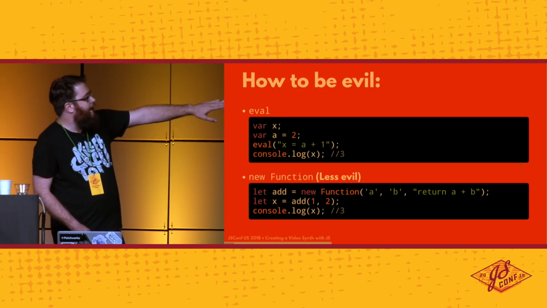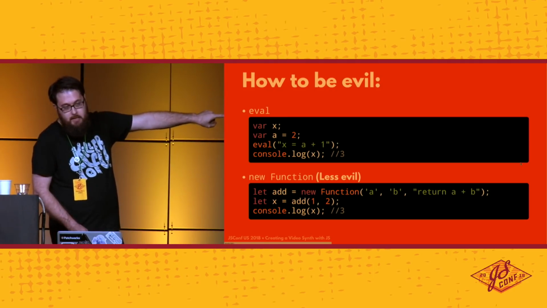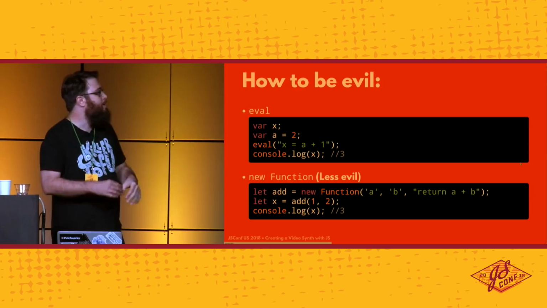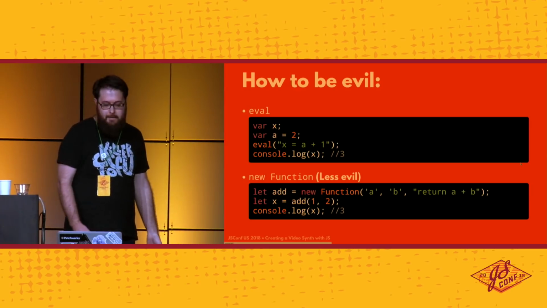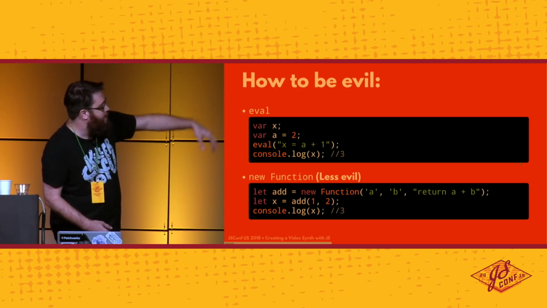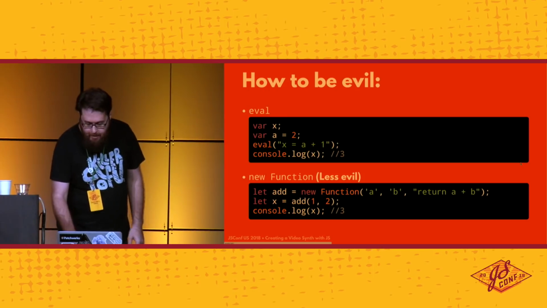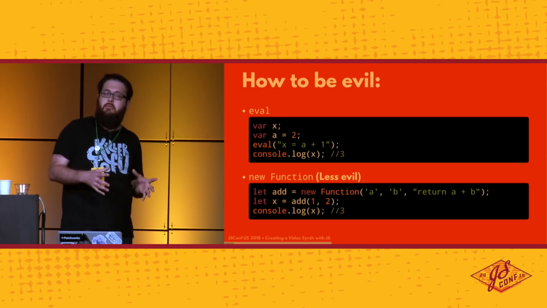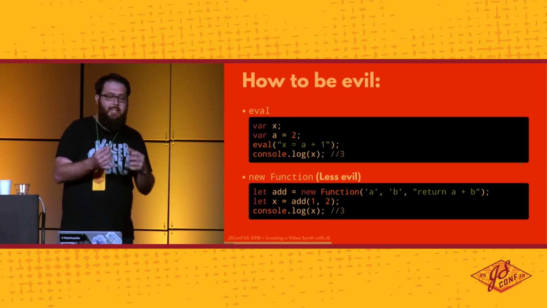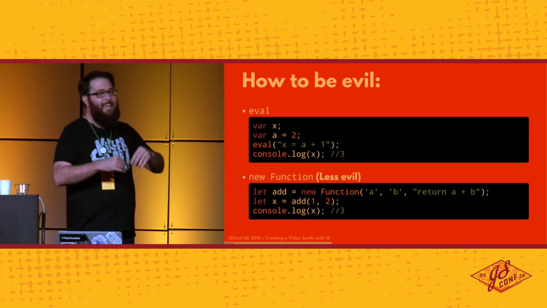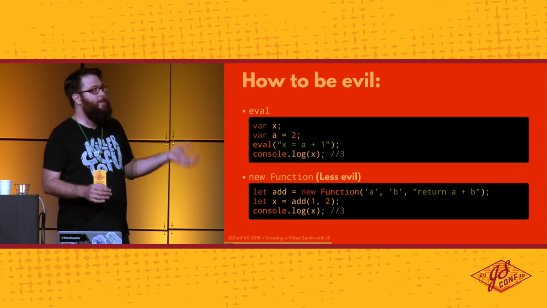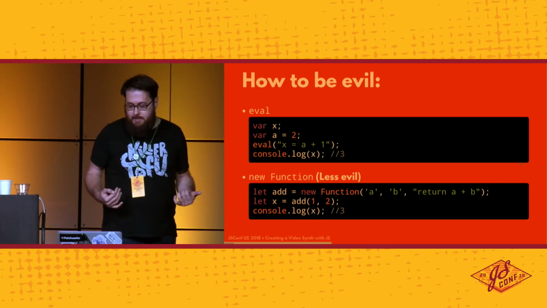What's really cool is you can pass arguments as strings to Function, and the last argument can be code. And when you execute that function, here it returns the expected result that adds these numbers. So I'm not saying that you should go out with your Equifax JS server-side application and start evaling everything, because it's incredibly inefficient. But for what I needed to do, it was perfect.